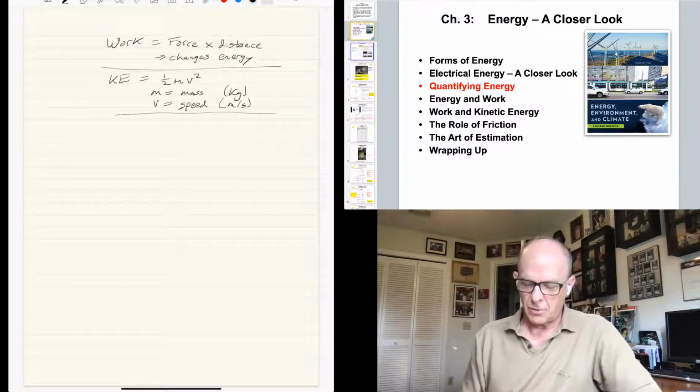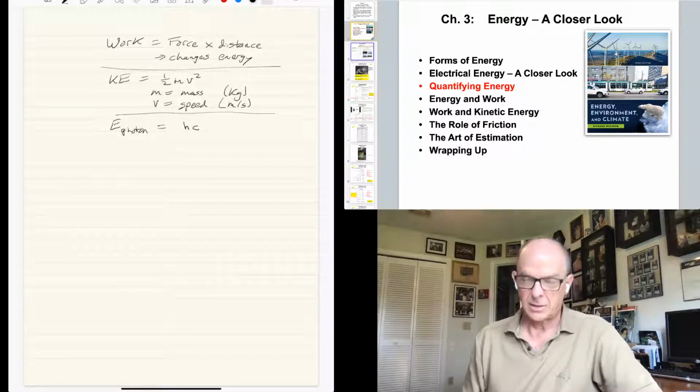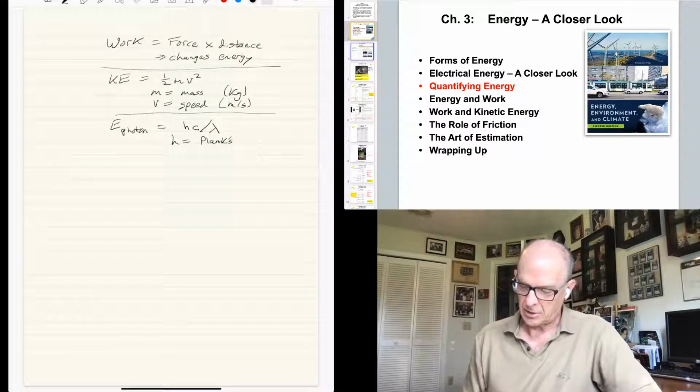The energy of a photon of light is equal to a constant h called Planck's constant times another constant c, which is the speed of light, divided by the wavelength of the light. Oopsie, I misspelled Planck. There's a c in there, and c is the speed of light, and lambda is the wavelength of the light that we're talking about.